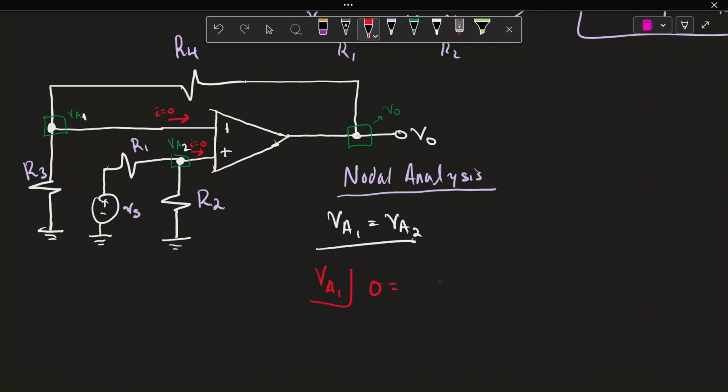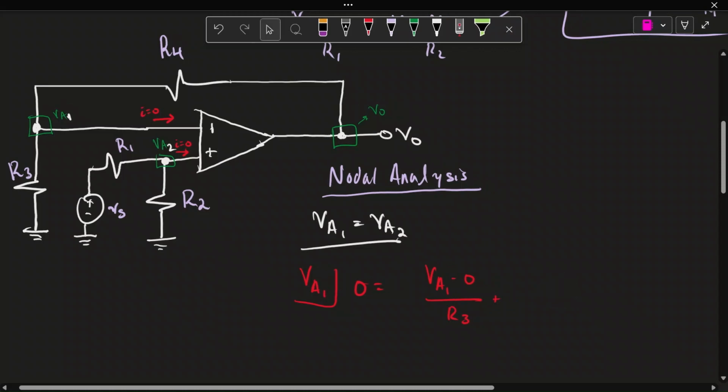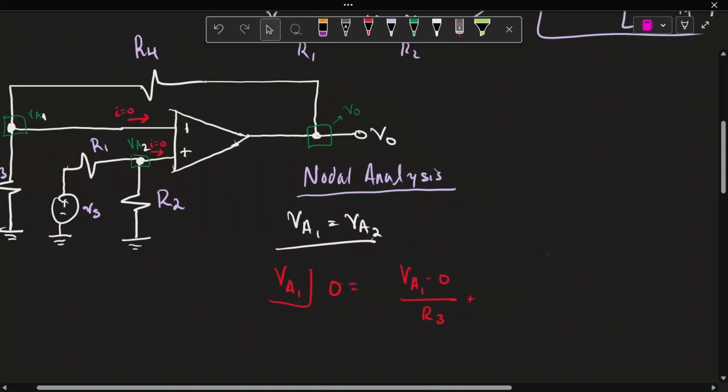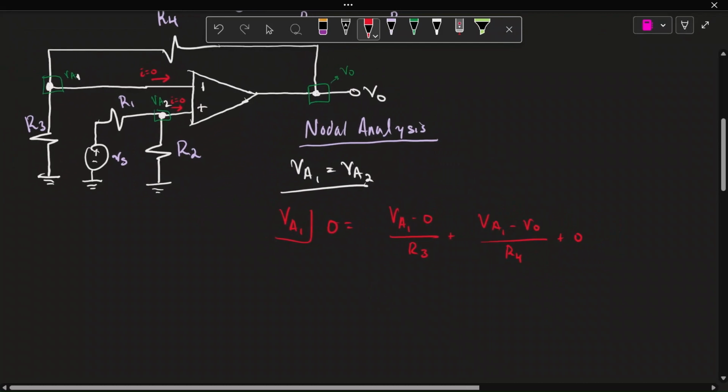So the current through R3 is VA1 minus 0 over R3 plus, going up through R4, VA1 minus Vout over R4. And then we have the input to the op amp, so that's going to be 0 always for ideal op amps.